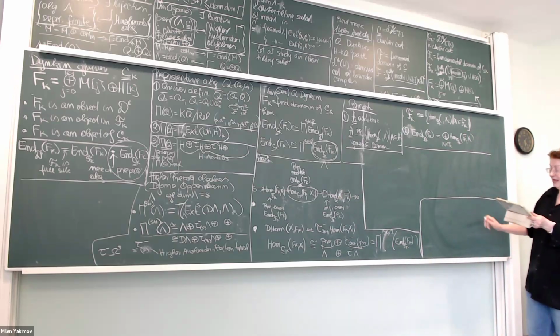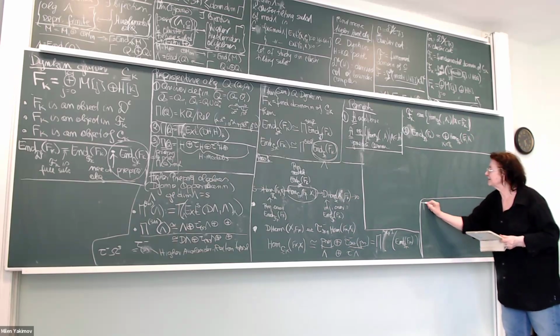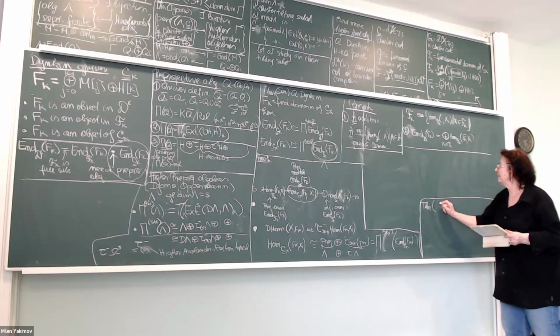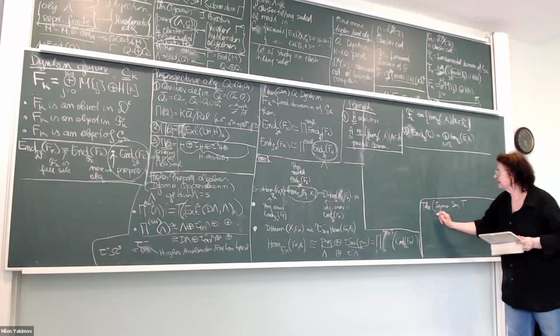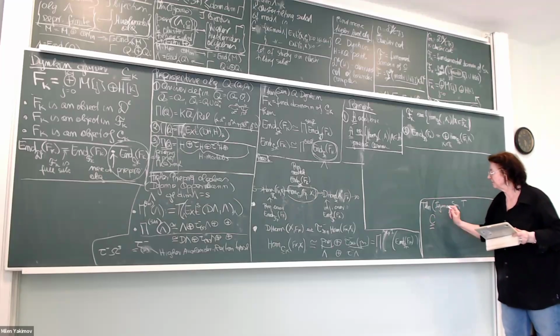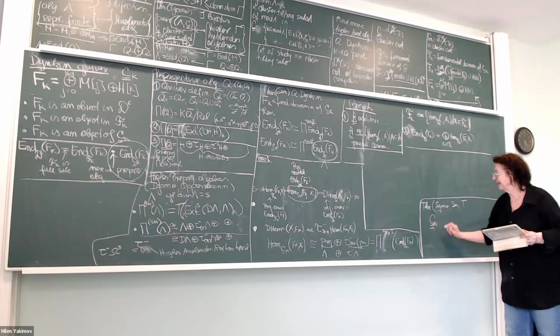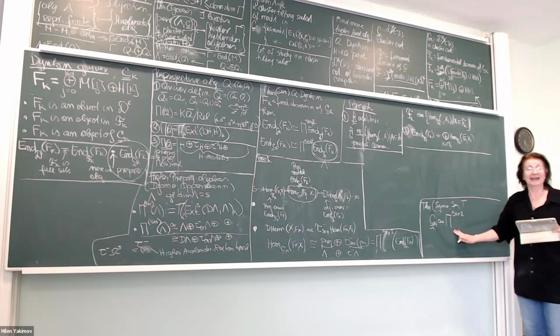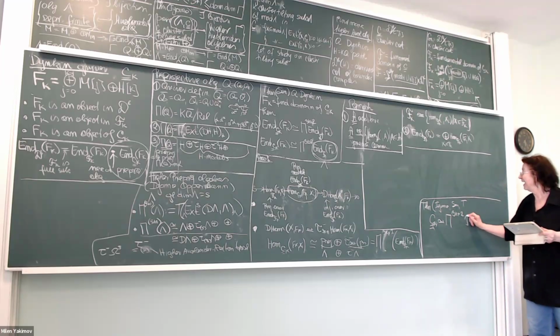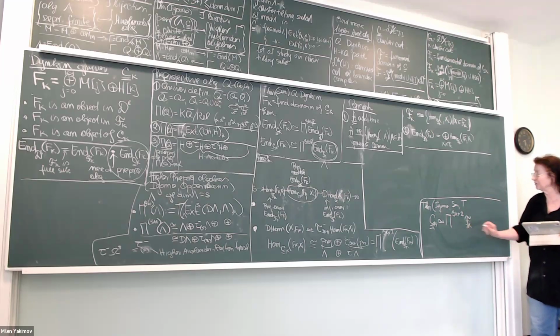Okay, so the theorem is that the cluster category CK is the pre-projective D K plus 2 category of FK, where FK was the fundamental domain.